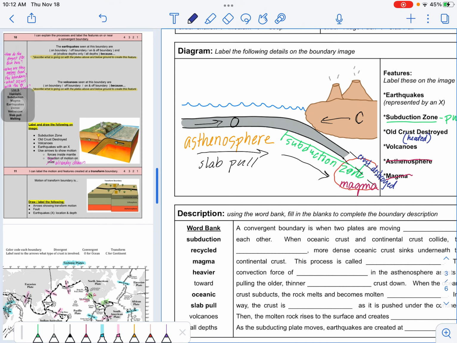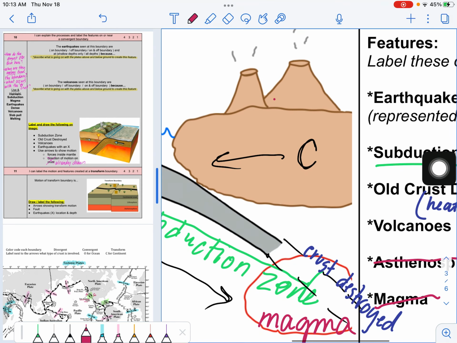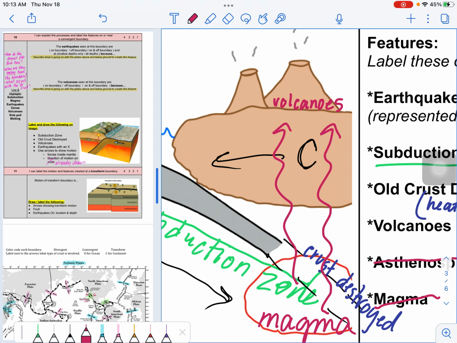That magma, over time, starts to collect up and can work its way up to the surface, creating this big time feature up here, volcanoes. That magma rises up, erupting out of the surface.